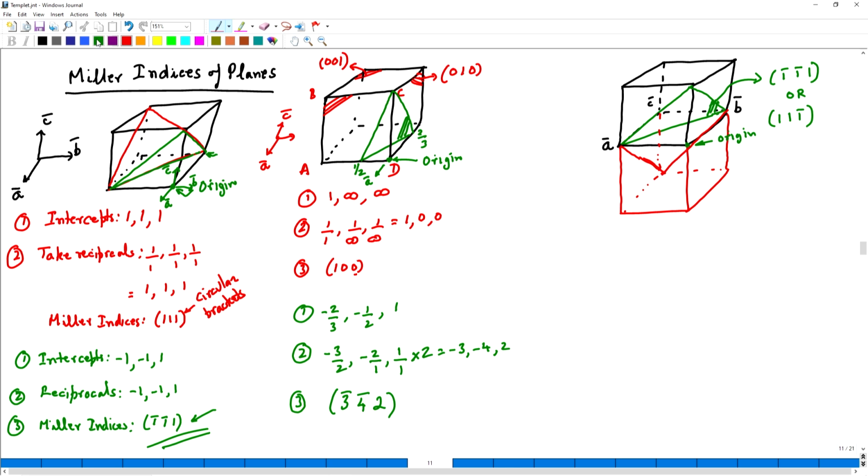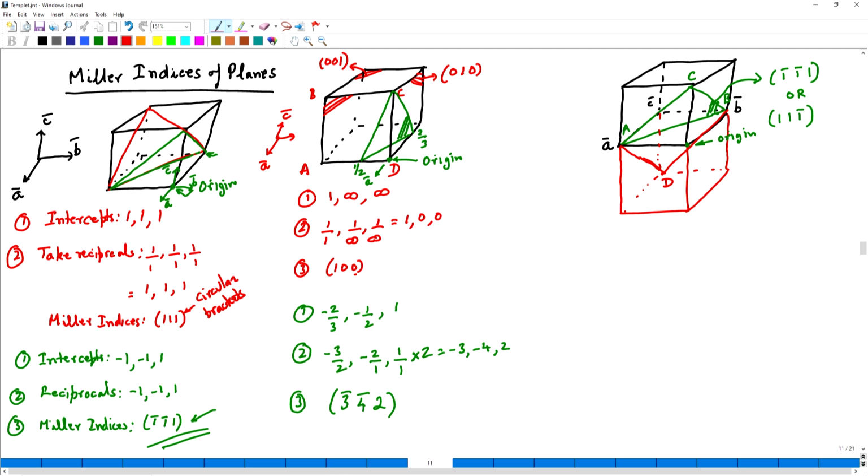If I just label these points, it will be easier. So, let us say that this plane was A, B and C, and by extending it, I go to the point D. So, now basically it is the same plane continuing in the second unit cell, or the bottom unit cell.